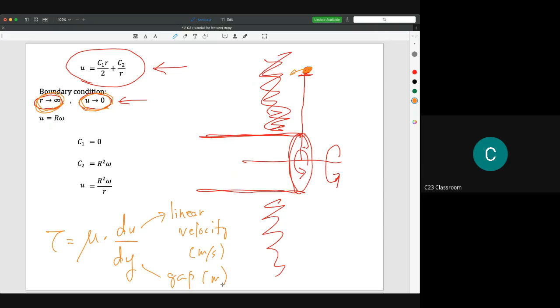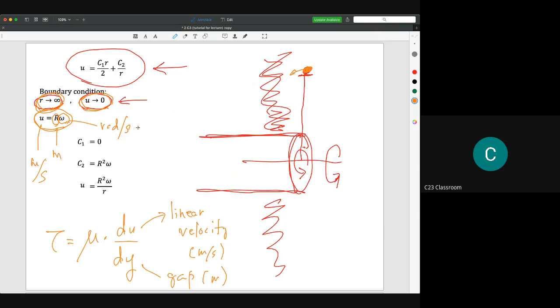However, for a rotating device like this one, the velocity is not represented as linear velocity, it is represented as rotational speed. The relation between rotational speed and linear velocity is u equal r omega, where u is in meters per second, r is the radius in meters, and omega is in radians per second.